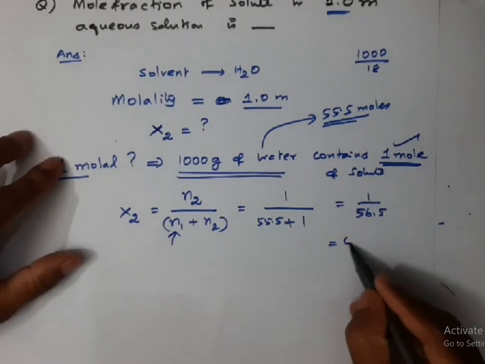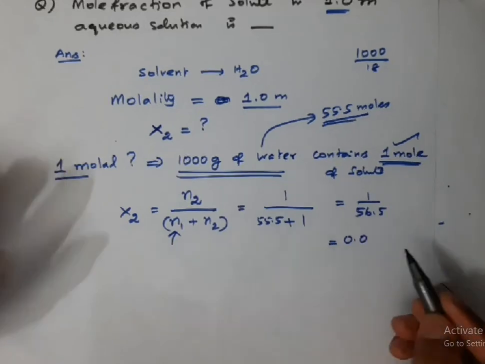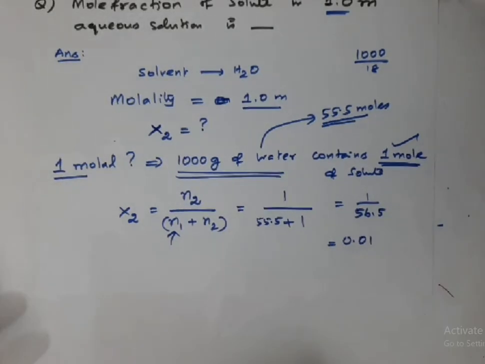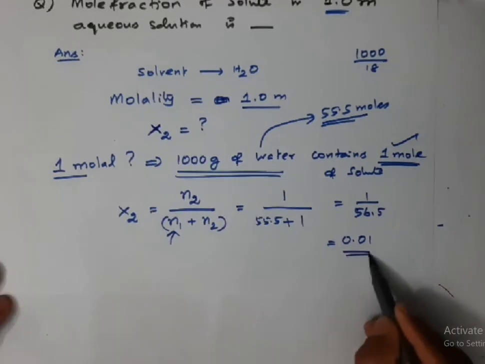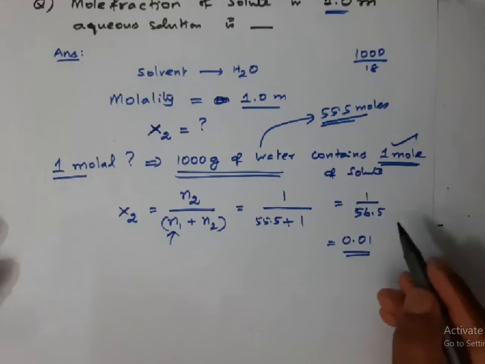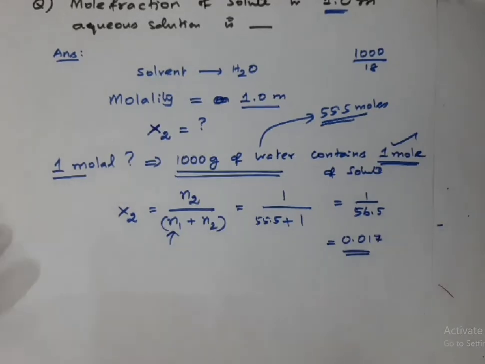Roughly 0.01, yes, you are right. So this is the mole fraction of solute present in the solution. Take down. It's a very simple question. Yes, it's coming actually 0.017. Take down.